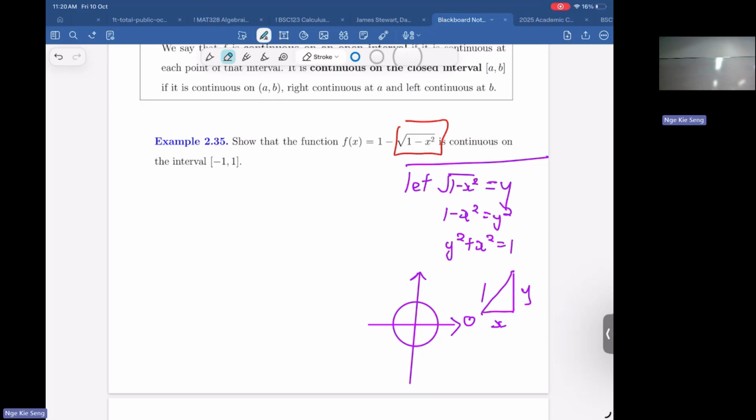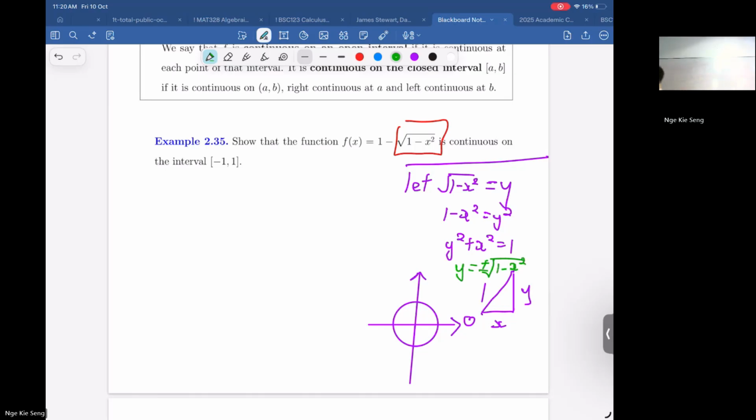Okay. So the point here is that y equals square root of 1 minus x squared must be something on this circle. But what's that thing? From where to where is this function? Remember, I told you that if you simply work from this y squared plus x squared equals 1, you really get y equals plus or minus square root of 1 minus x squared.